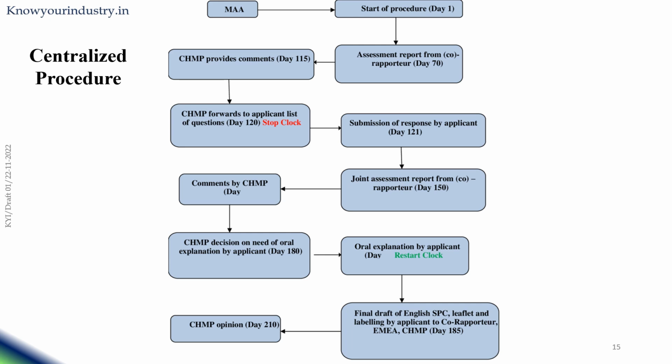After this, the final draft of the English SPC, leaflet, and labeling has to be submitted by the applicant to the co-rapporteur, EMEA, and CHMP on day 185, within 5 days. Then CHMP issues its opinion by day 210. So, this is the procedure for the centralized submission process.